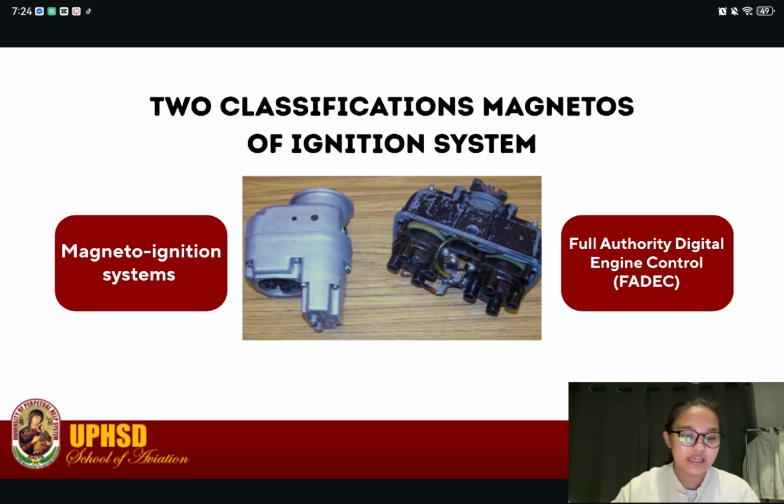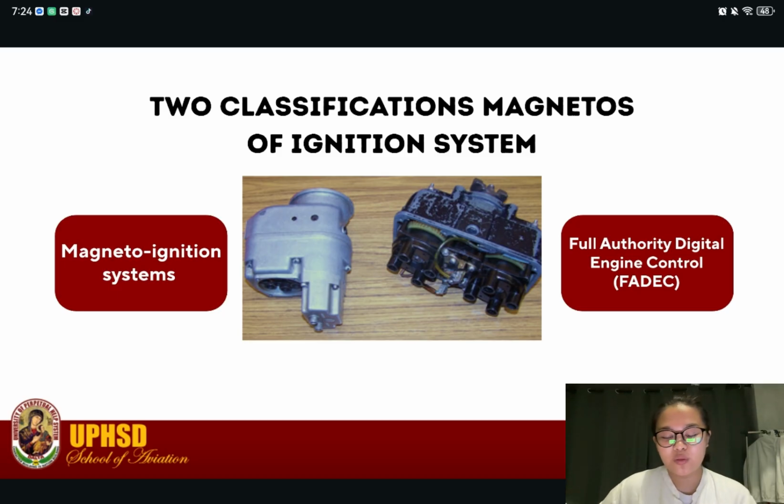So for this slide 5, as we can see, these are the two types of ignition systems in reciprocating engines that give electricity to the spark plug, as I've said, to ignite the fuel and air mixture. For the first one, we have the magneto ignition system.